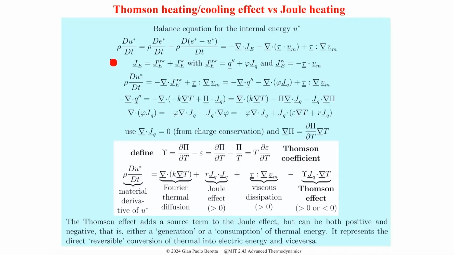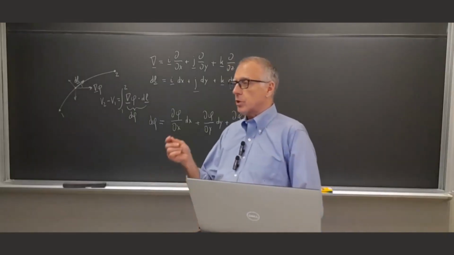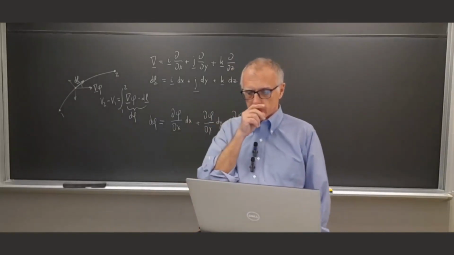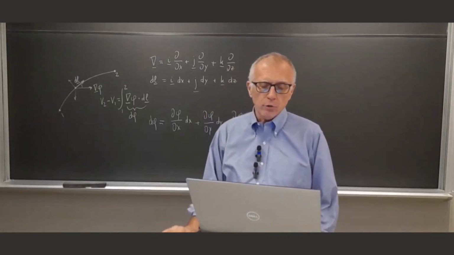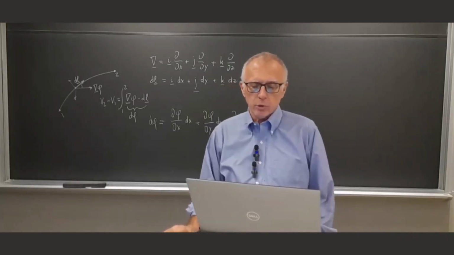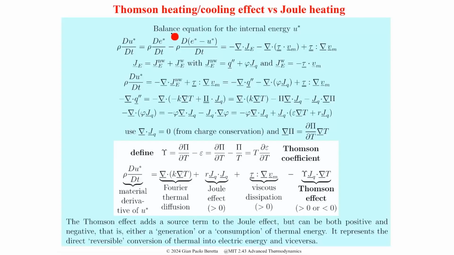So what we do here is write the balance equation for the internal energy. And you can do this also for a flow situation. If you go back a couple of lectures ago when we did the general balance equations, we had an expression for the balance for energy.